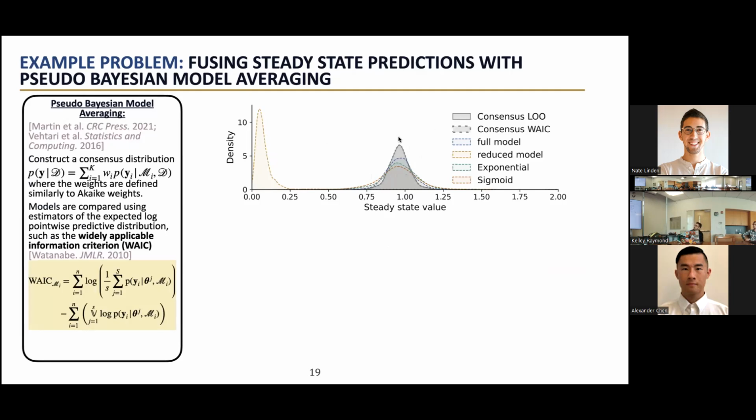We can see that both of them lie right on top of each other, and they agree very nicely with the three models that approximate the right behavior. So the mean is close to 1, but the variance now is tighter than all three of those models that we saw before. So now we have a way to weight the models based on how well they agree with the data, and we're guaranteed to find the variance is going to be smaller.